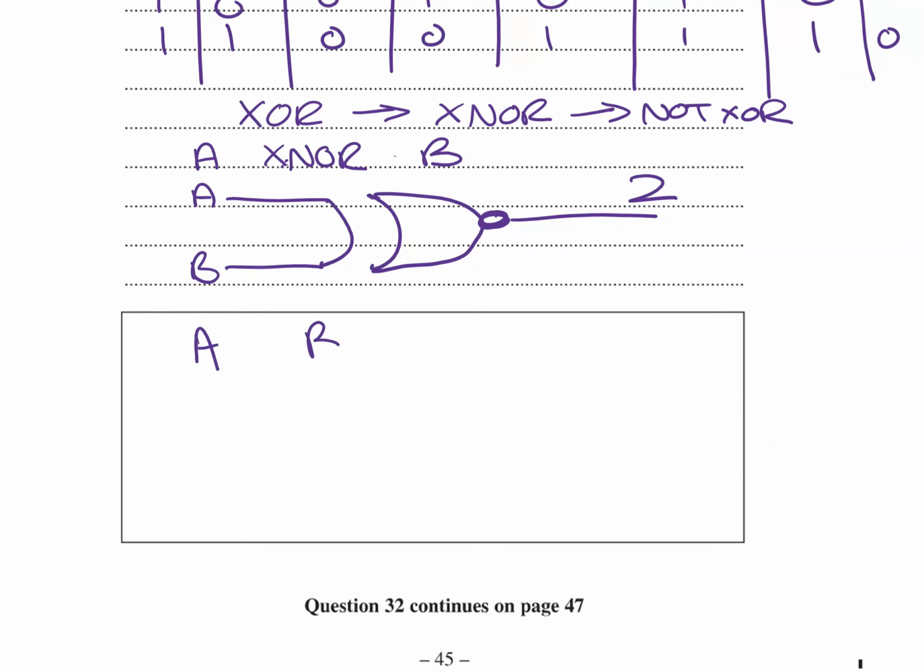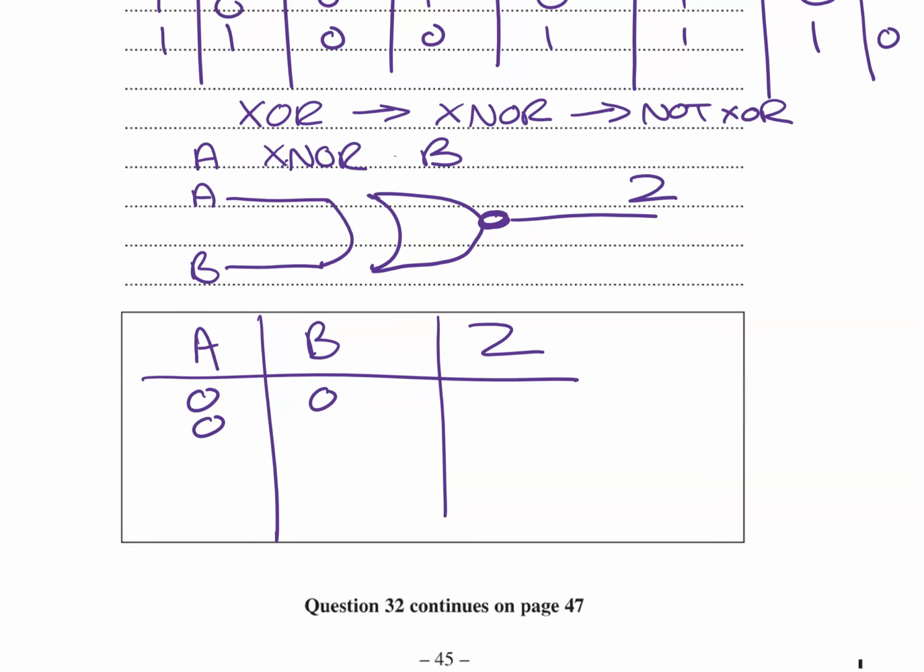A, B, Z, 0, 0, 0, 1, 1, 0, 1, 1. Okay, so A XOR B is 0, and not that is a 1. 0 XOR 1 is a 1, not that gives us 0. 1 XOR 0 gives us 1, and not that is a 0.